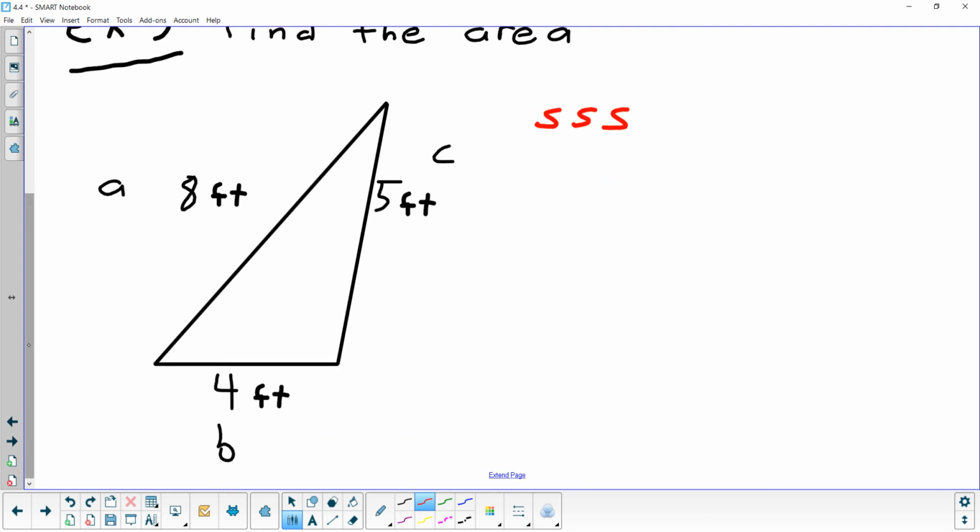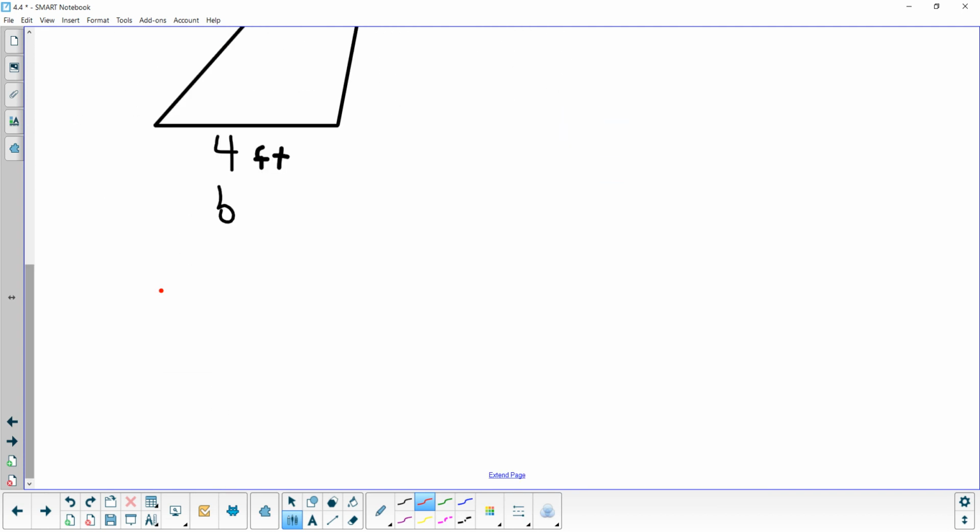So just a reminder about what law of cosines is. A squared equals b squared plus c squared minus, does anybody remember what number came after the minus sign?